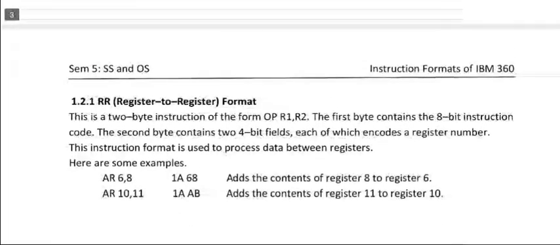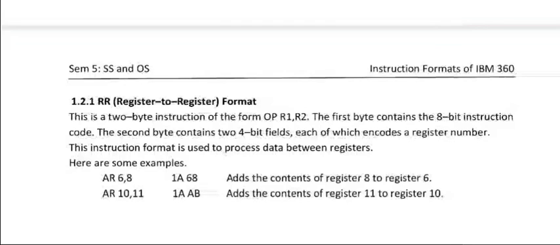Here is the first type of instruction format, that is the register to register format. The register to register format, like already discussed, is a 2 byte instruction of the form operand register 1, register 2. The first byte contains the 8-bit instruction code. The second byte contains 2 4-bit fields, each of which encodes a register number.